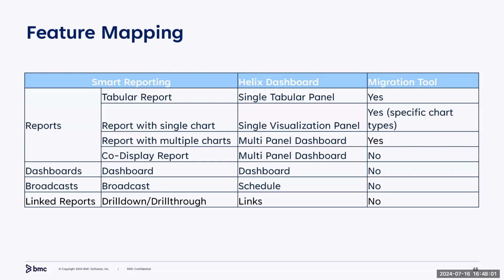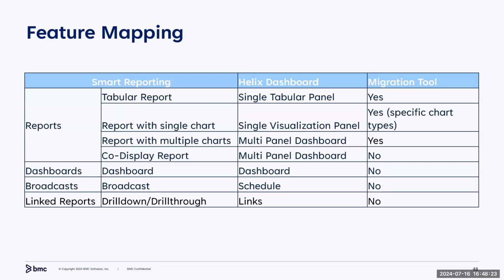You would also notice that some of these object types are supported by the migration tool, and some of them are not. And if you look at visualizations, it's a conditional support. Some visualizations are supported, some are not.